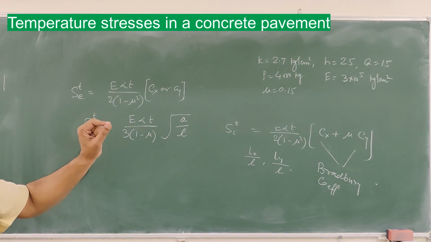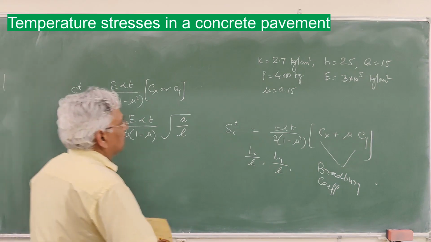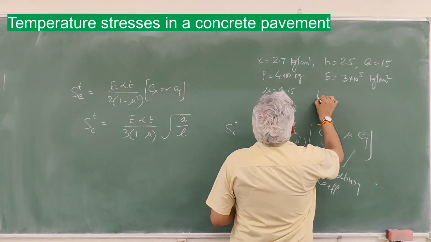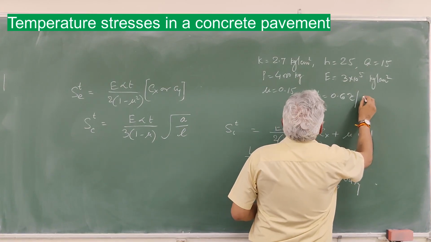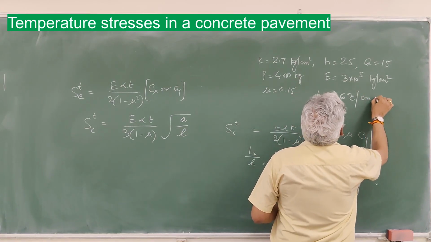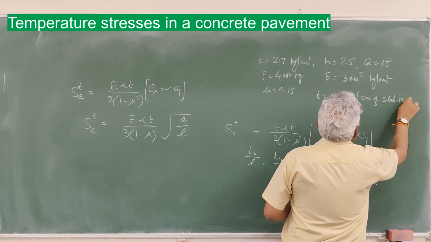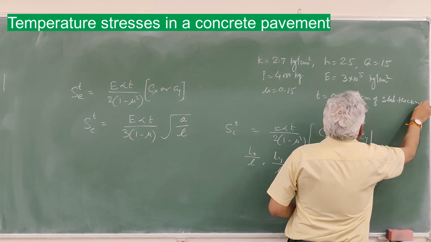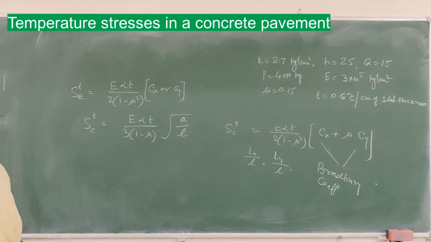Now here we want to find out what the temperature stress is, and therefore you need the temperature gradient. Let us say the temperature gradient is 0.6 degrees centigrade per centimeter of the slab thickness. That depends upon the location of the area, region, climatic conditions.